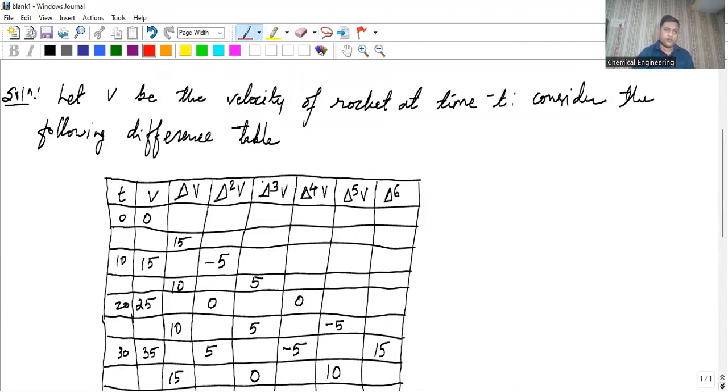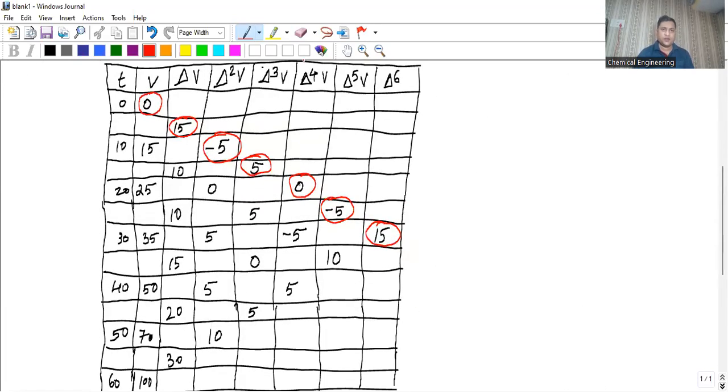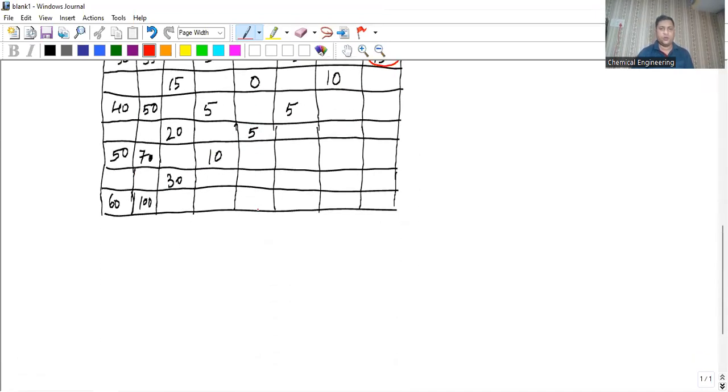So what are the forward differences we have to consider? These are the values for the forward difference that we have to use in the formula. And we can see these are the backward differences. But we are not going to use backward. We are going to use the forward difference. Okay. So what is the formula we have?